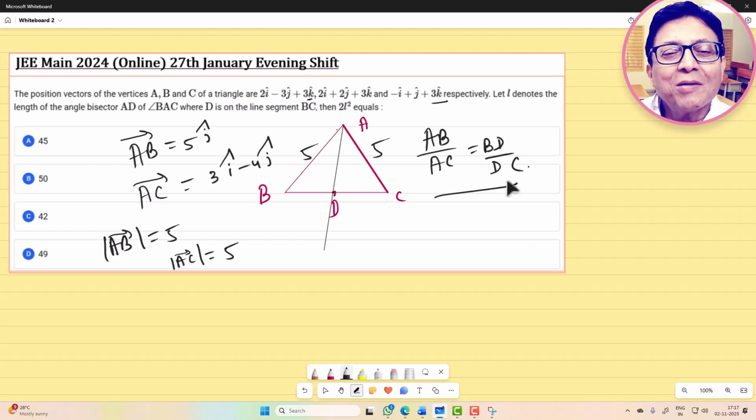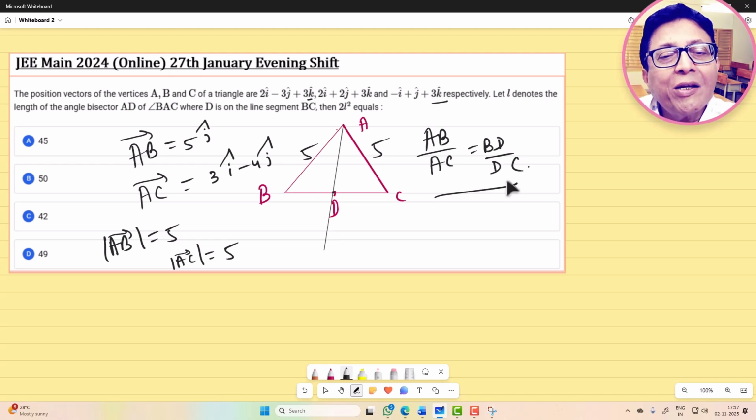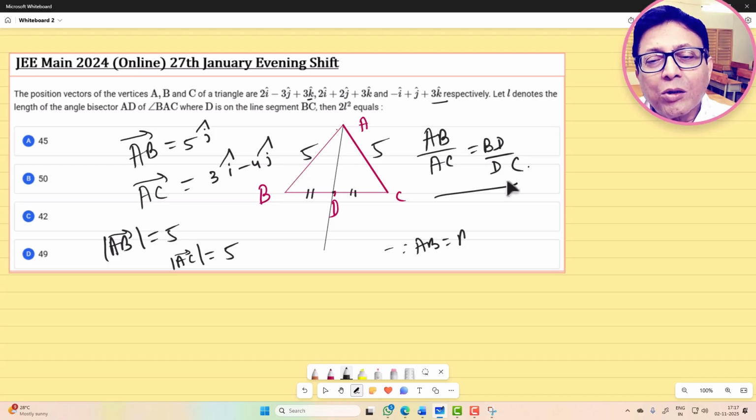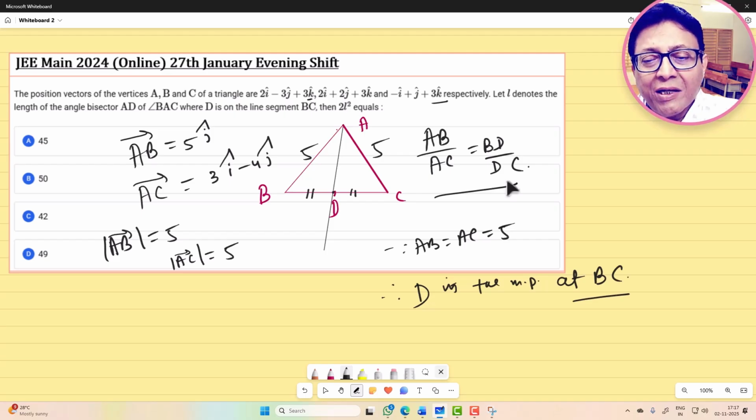Nice problem. Huh? So if you get AB and AC of equal length, then it is quite obvious that D is the midpoint of BC. Since AB equal to AC equal to 5, therefore D is the midpoint of BC. So you can write the position vector of D. What is that?